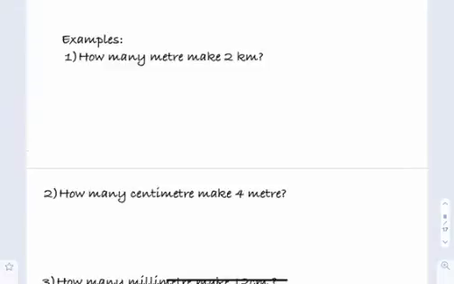Now the first one, how many meters make 2 kilometers? Now what is the standard that we know? For the solution, we first write down the standard scale. The standard we know is 1 kilometer is equal to 1000 meters. Isn't it, children?